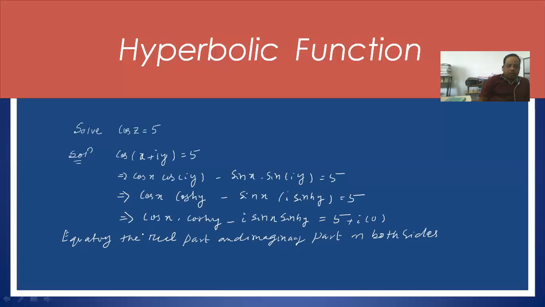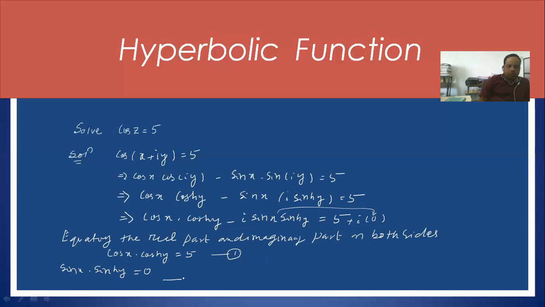If you equate the real part and imaginary part, you get cos x into cos hyperbolic y equal to 5, which is the first equation. In the second equation, we equate the imaginary part, which equals 0. So here we get sin x into sin hyperbolic y equal to 0.